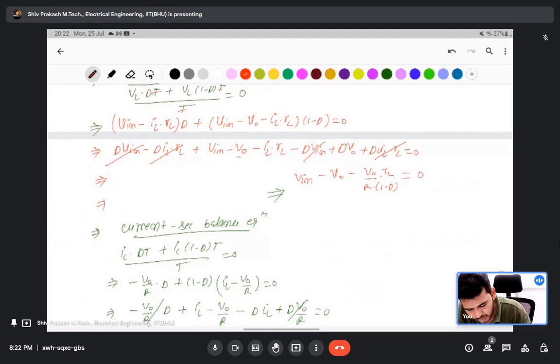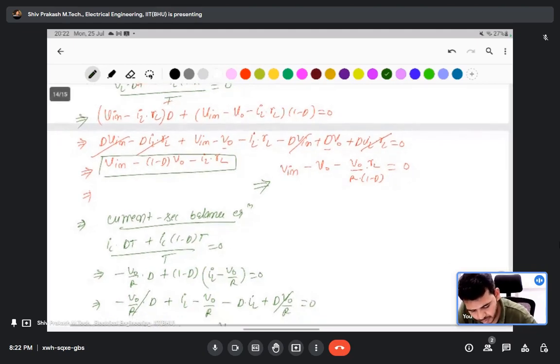V naught also here. Then V in minus 1 minus D into V naught minus IL into RL. This is the equation.